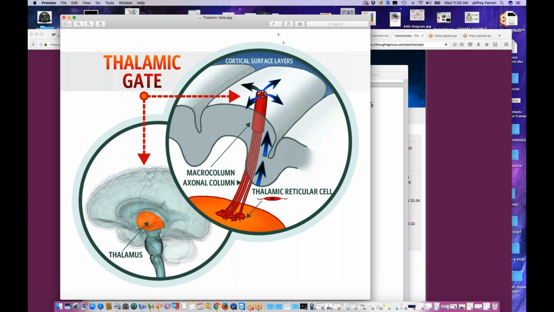The information from the field that we call oscillation comes down through these axonal columnar cells into the thalamus, and when it gets down in here, it becomes resonation. It begins to resonate that energy and information into the cells in the body, and the cells communicate with each other in that way.